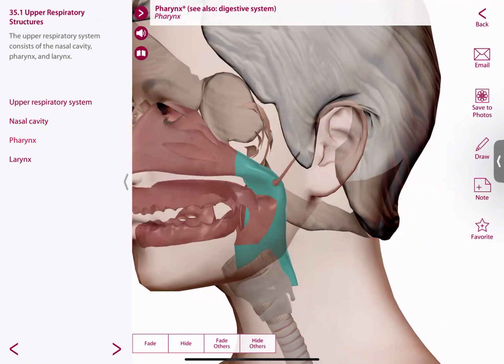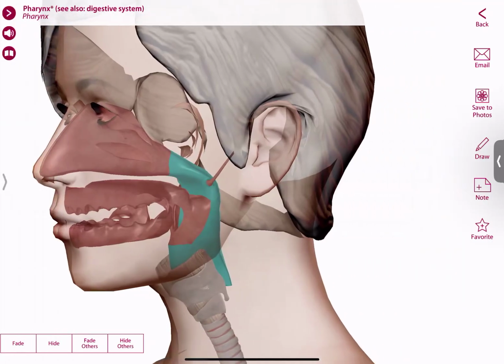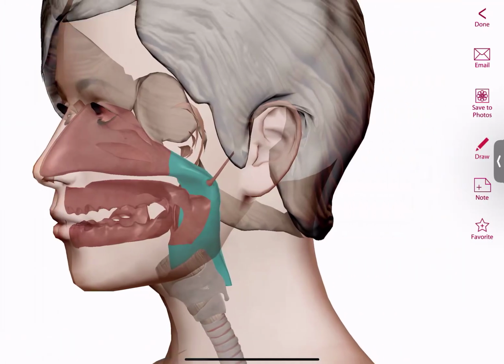Now, the pharynx is divided into three regions, which I'll mark here. This is the nasopharynx, which will only have air.